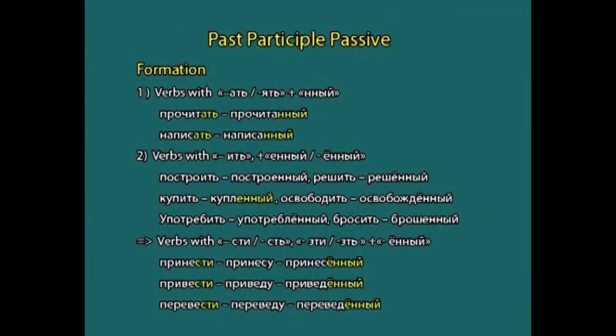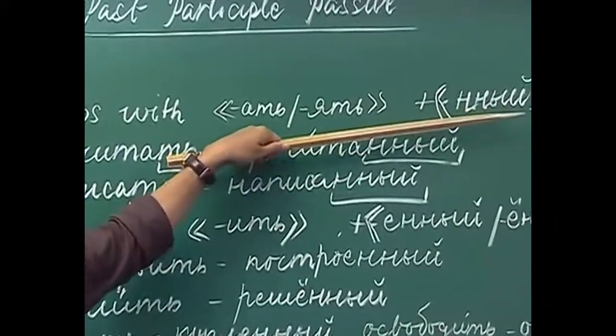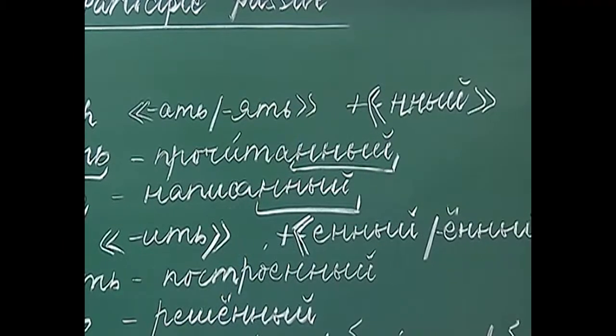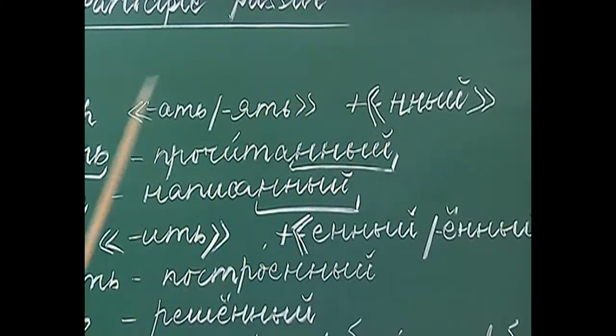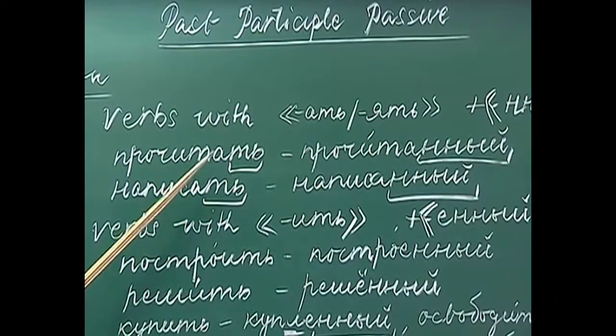The first rule says, if the verb ends with ать or ять, then we use the suffix нн. This is how we form the past participle passive. For example, прочитать, as you can see, it ends with ать.